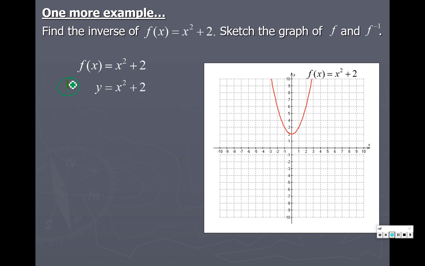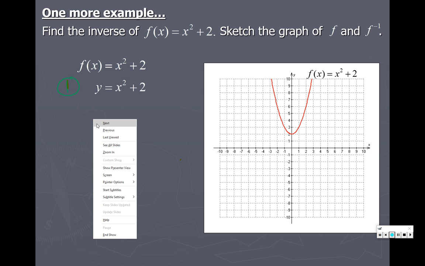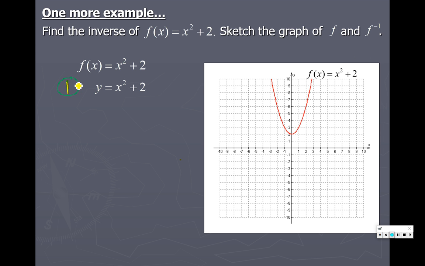Write it as y equals. Yeah, that was step 1, what I said before. It's going to be easier to work with y than with f at x in this. Step 2. Exchange x and y. I'm trying to match those steps up with what I wrote on the previous page so you can look back on those steps if you need to.